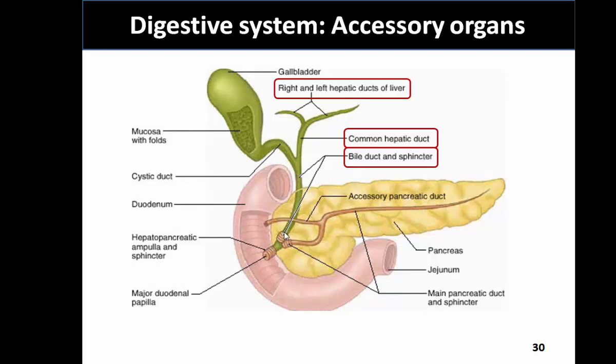And so that smooth muscle will control those secretions into the small intestine. The pancreas is a very important accessory digestive organ in that it produces enzymes that will move directly into the small intestine through the main pancreatic duct and the sphincter.